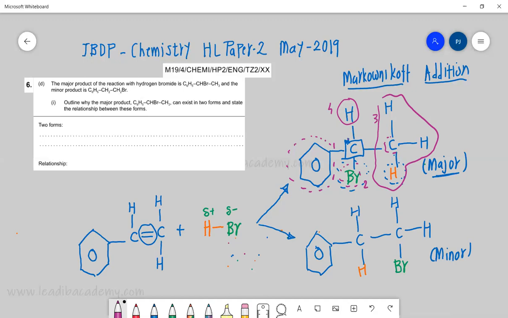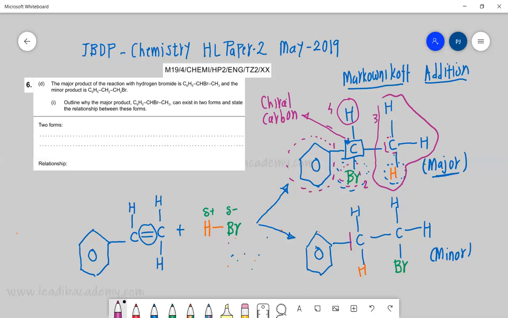It means this carbon is a chiral carbon. A chiral carbon is a carbon atom attached to four different groups or atoms.